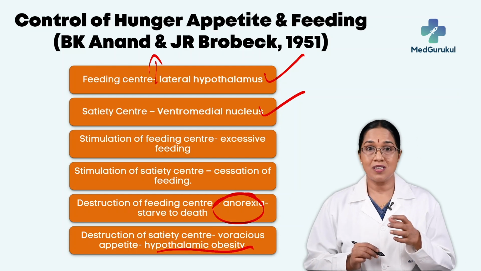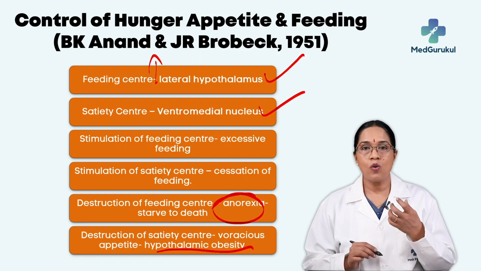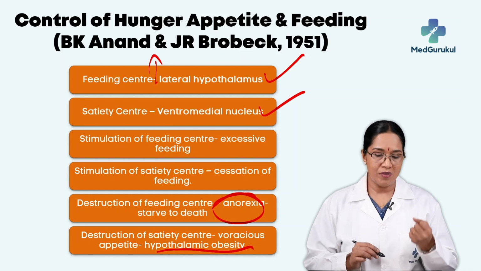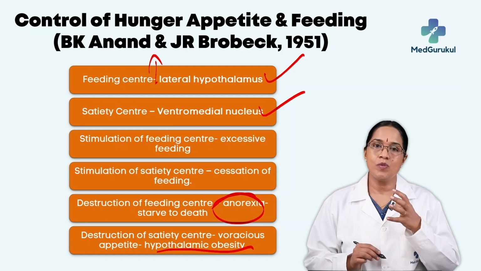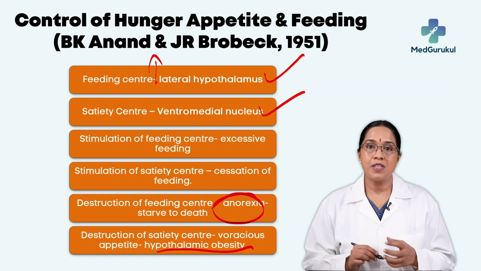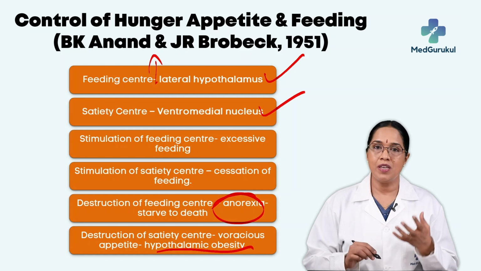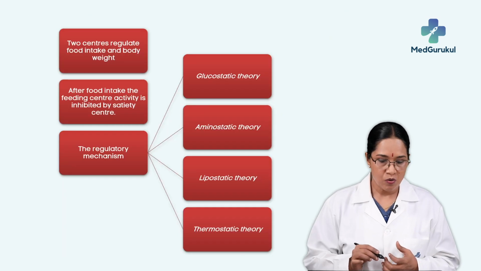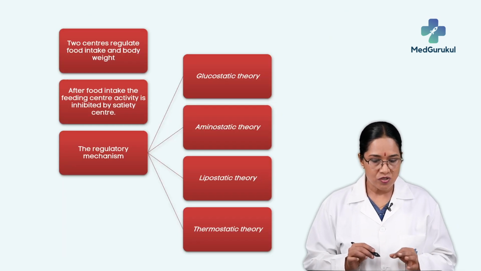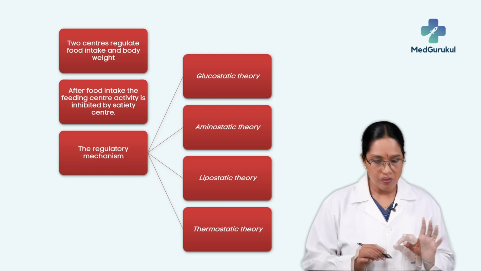So that is how we confirm or reconfirm that the hypothalamus is the center which is controlling hunger, appetite, and also an animal's or a being's feeding habits. Now, there are two centers which regulate food intake and also the body weight.